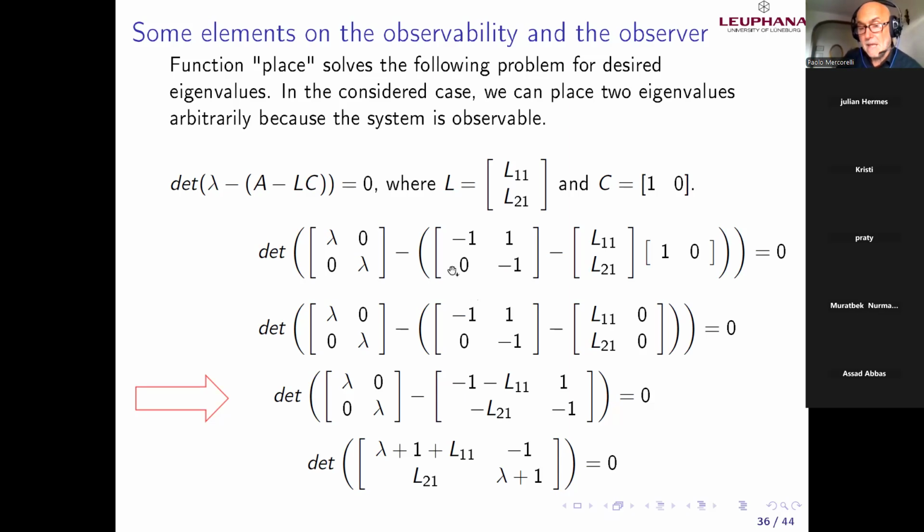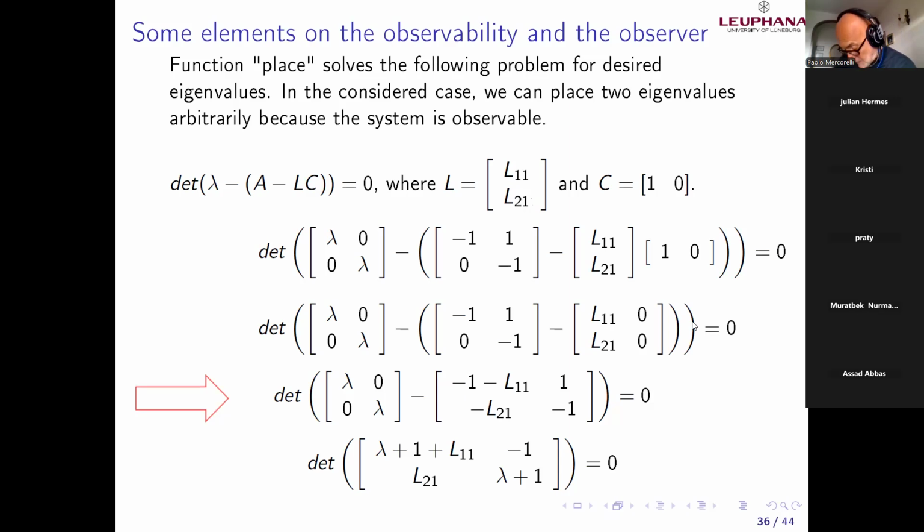Now, if this is the matrix A, this expression here means, in terms of matrix, lambda in the matrix form. In math, we say multiply by the identity matrix. Therefore, we can write lambda times the identity matrix minus parenthesis A minus LC, in which L is parameterized by L11, L21.